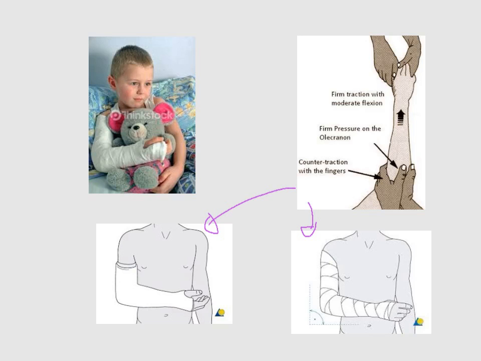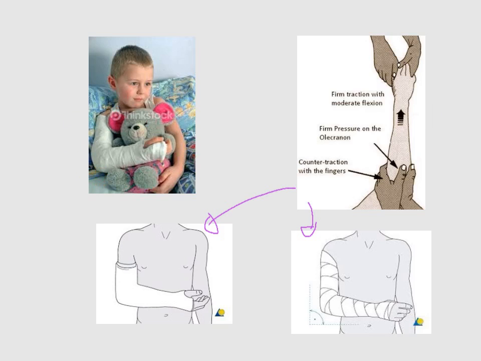In children, closed reduction is usually successful. A cast from the axilla to the rest of the arm is applied to control rotation. So first we do closed reduction, and then we put on a cast.